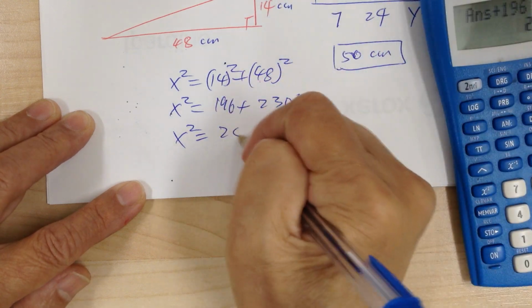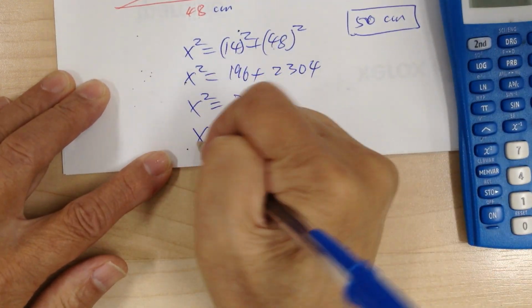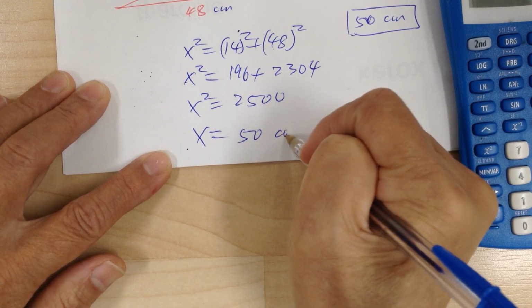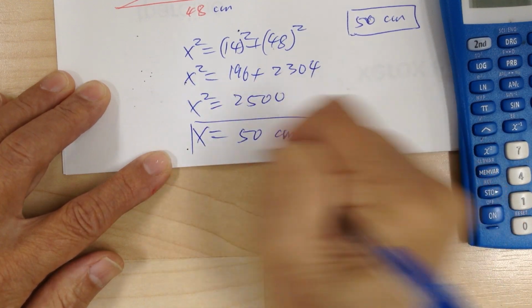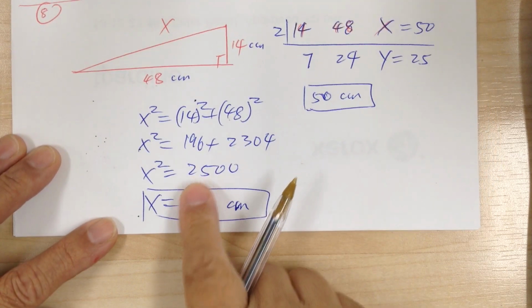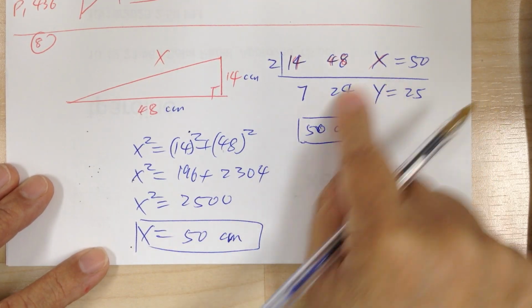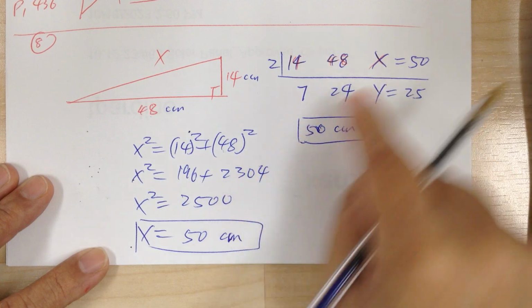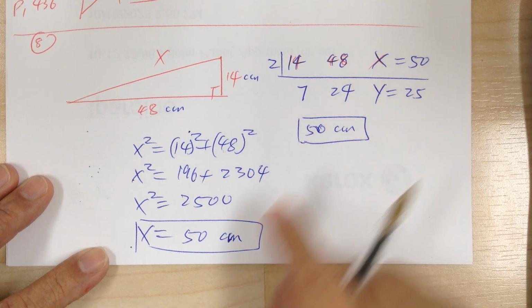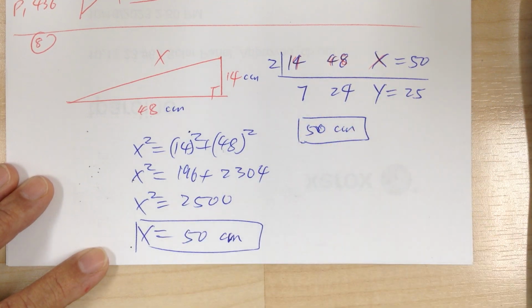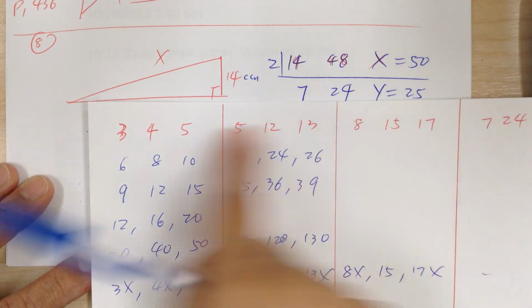So you got 2,500, and you take the square root and get 50. This is the regular Pythagorean theorem, and the other is the shortcut technique. You can see this is much quicker and you don't need a calculator. But for that, you have to know your triples.